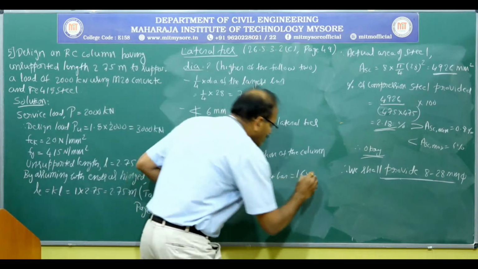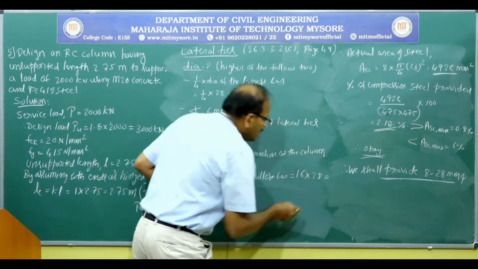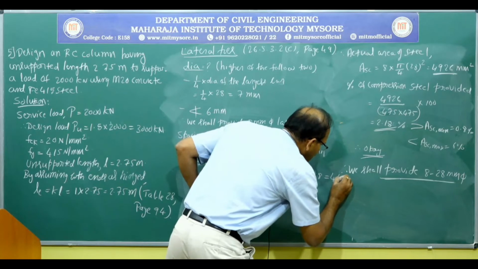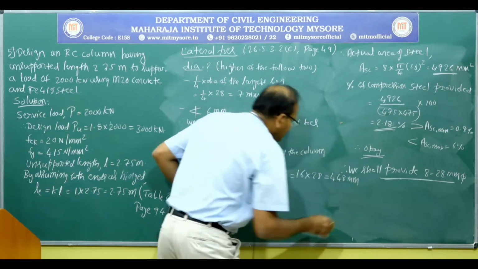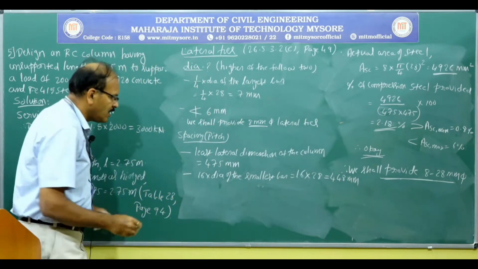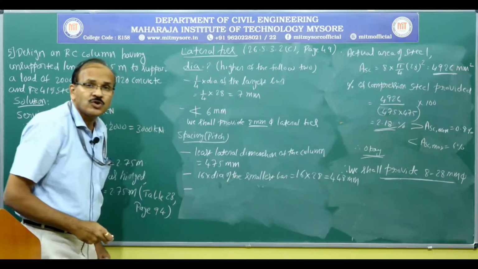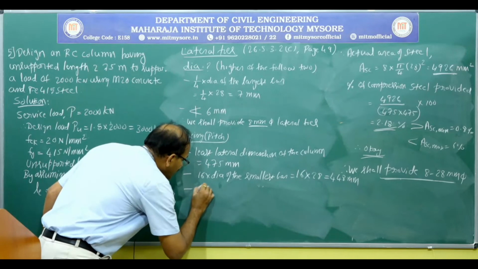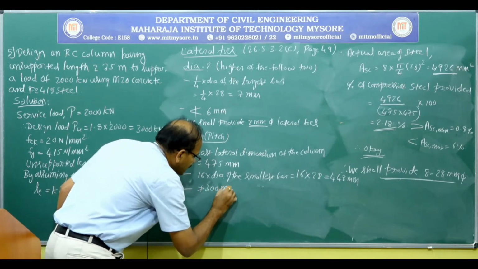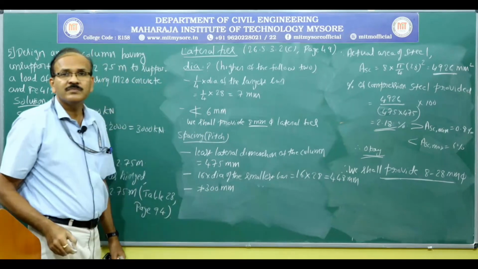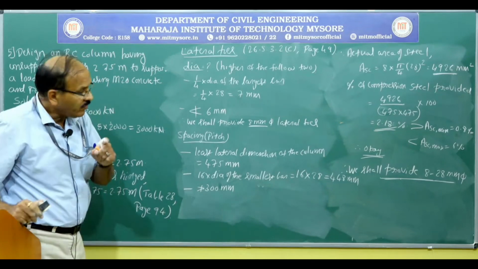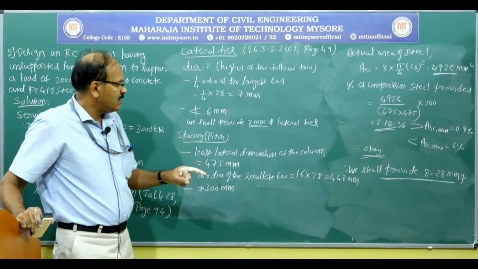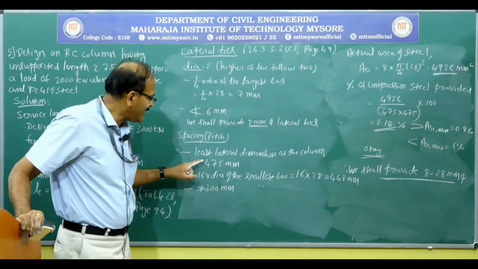So we can take that as the smallest, that is 448 millimeter. Next, the code says it should not be greater than 300 millimeter. So whenever you provide lateral ties, the spacing should not exceed these three.